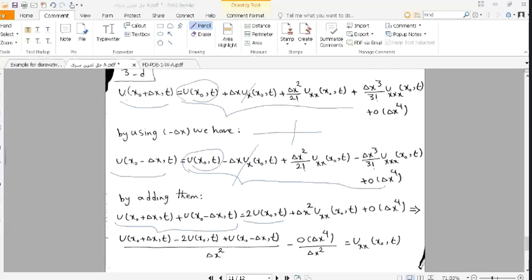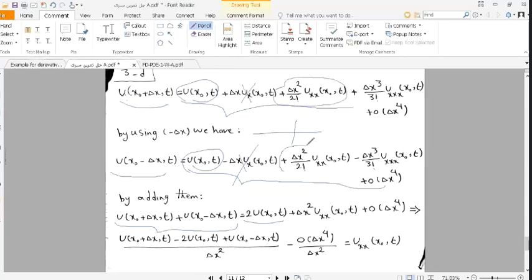ux and minus ux are simplified with each other. The next term is plus delta x2 uxx, and also we have plus delta x2 over 2 factorial uxx.